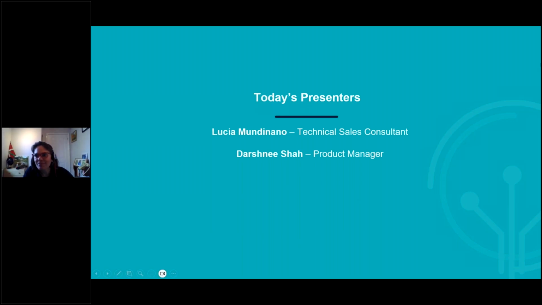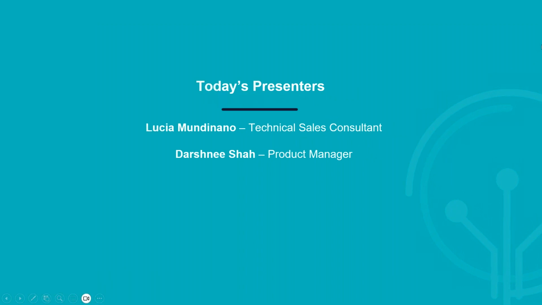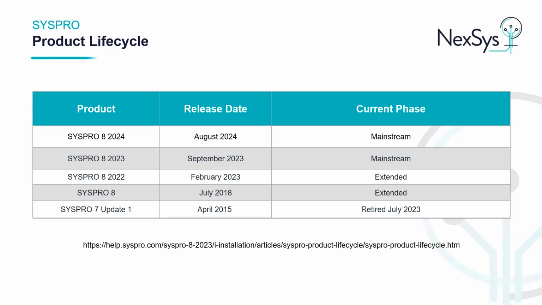Let's focus a little bit just on the presentation. So today's session is all around SYSPRO. And I just wanted to set the scene before we kick off to talk a little bit about SYSPRO 8. Today, we're currently sitting at the latest release of SYSPRO 8 2024. It's a few months old, released in August earlier this year.